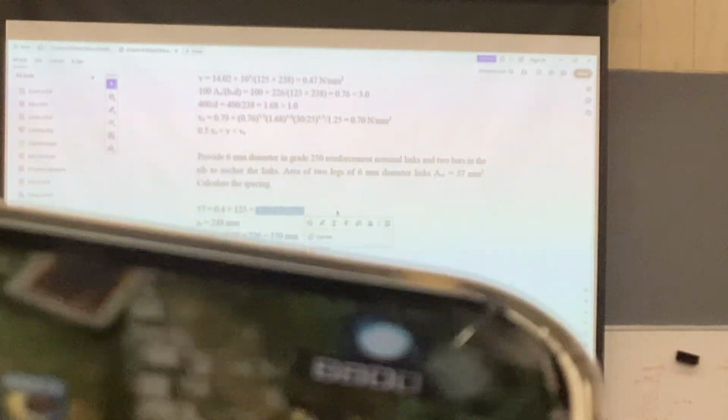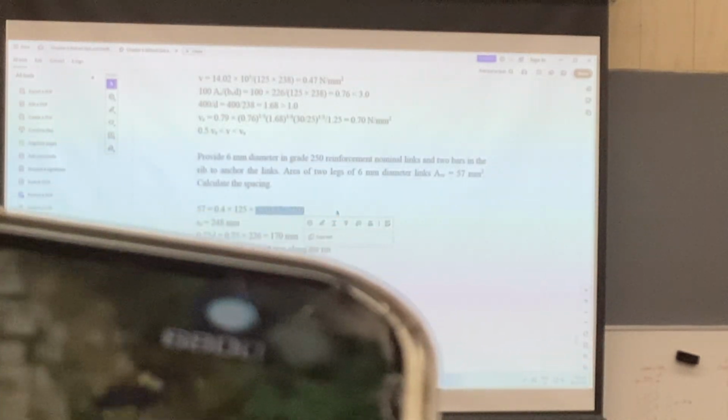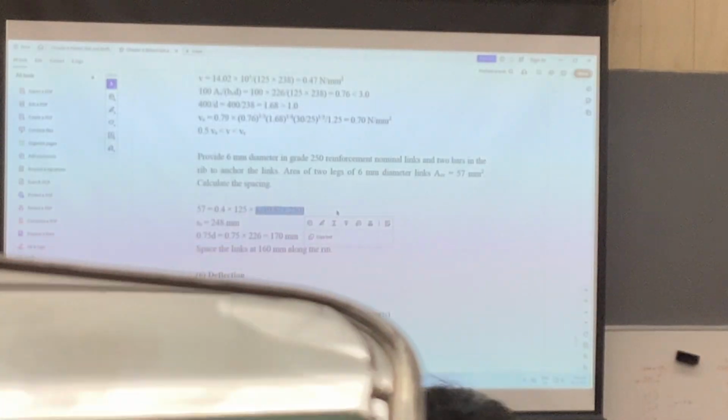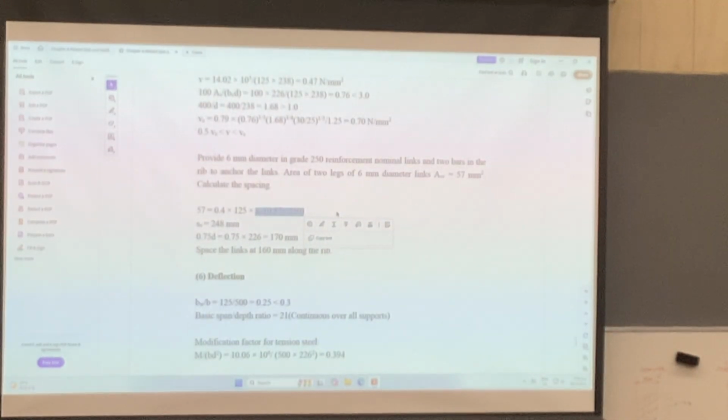Nominal length is PSV divided by S3, which is equal to 0.4 times the V times 2.7, and then times by this is the nominal length. Okay, so we just substitute these equations. And then we can find the spacing of the reinforcement.